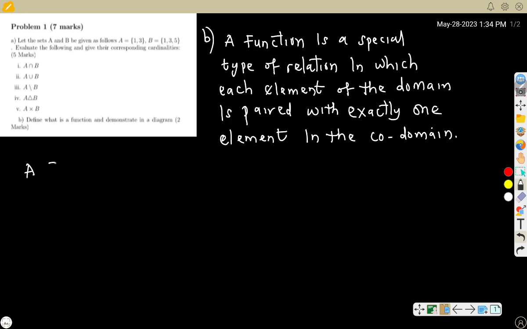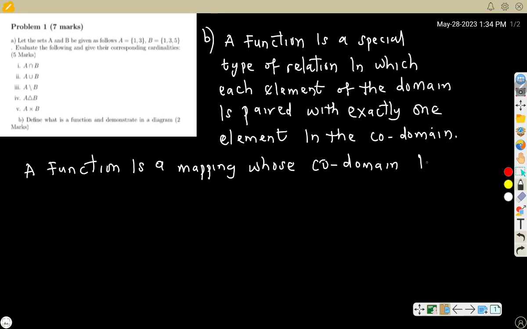So a function is a mapping whose codomain is the set of numbers.